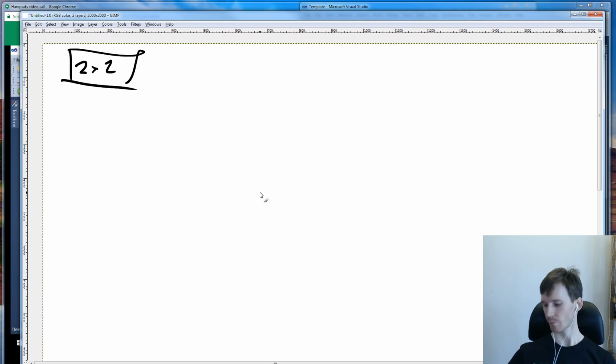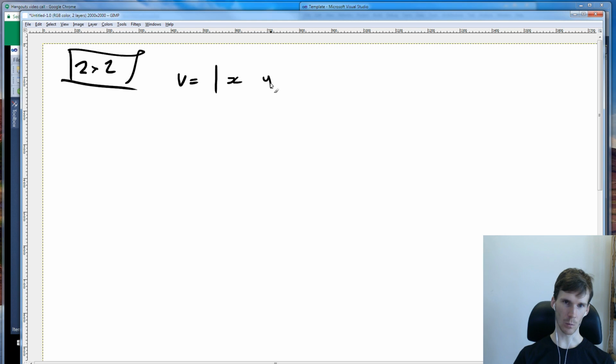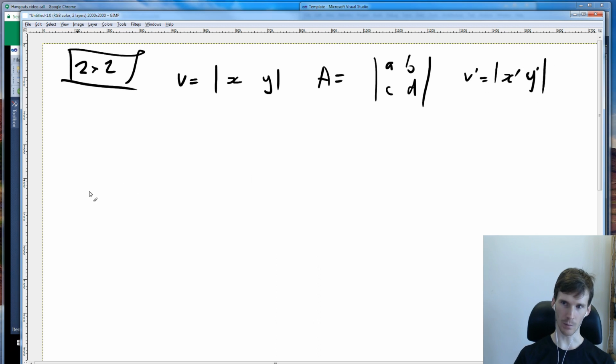And now there's a tricky bit here, and that is if we have, let's say, the vector v equals x, y, and the matrix A equals A, B, C, D, and then we get v dash equals x dash, y dash.